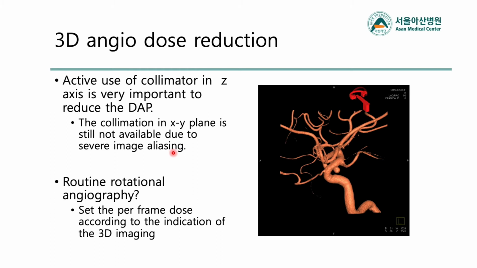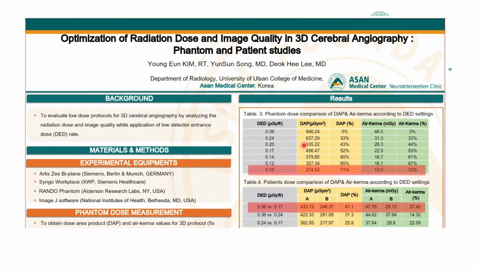Anyway, do we still need a routine 3D angiography for every cerebral aneurysm like this? Why not acquire with various acquisition conditions? So we went and tried to see the details of radiation dose setting for 3D angiography, and we found that we can change the entrance dose from 0.36 to 0.10 or even down to 0.08 with or without copper filters.